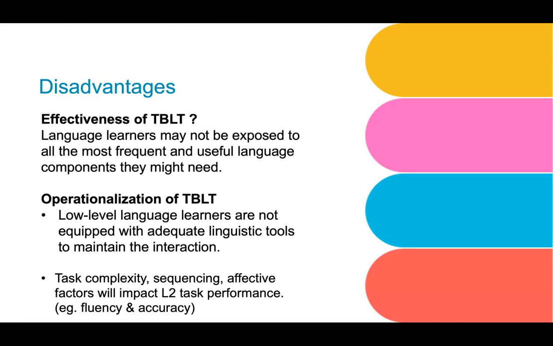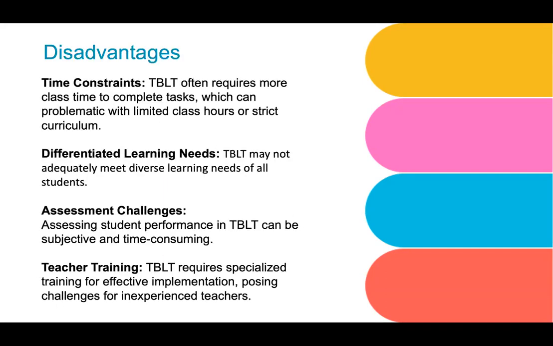Second, as for the operationalization of TBLT, low-level language learners are not equipped with adequate linguistic tools to maintain the interaction. And also, task complexity, sequencing, and affective factors will impact second language task performance, such as fluency and accuracy.